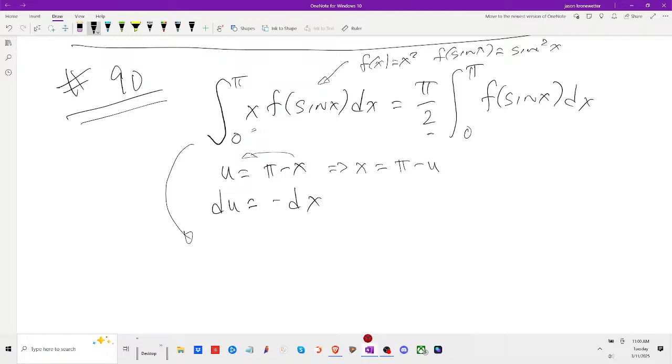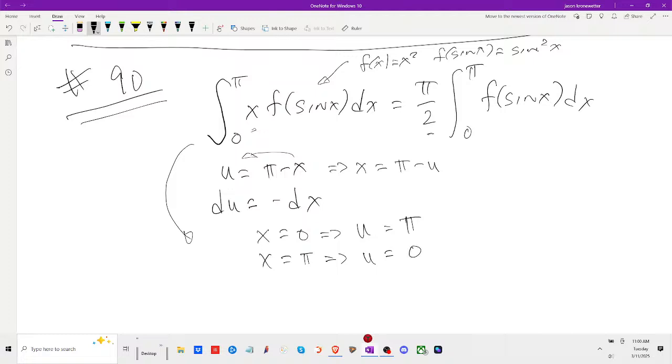So now I can start to substitute. I also need to know what happens to u when x is equal to these bounds. When x is equal to 0, u is equal to pi. And when x is equal to pi, u is equal to 0.